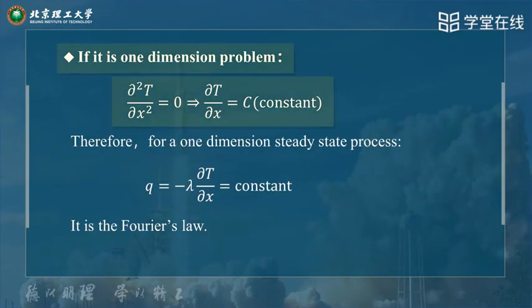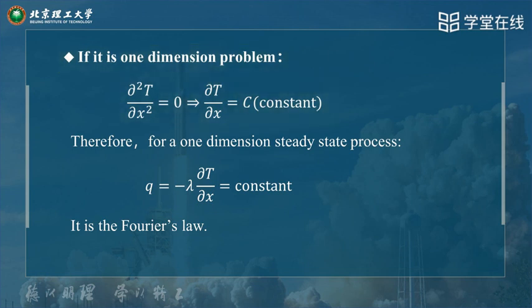If it is a one-dimension problem, the equation becomes simpler: partial T power second over partial x power second equals 0. In this case, partial T over partial x equals constant.